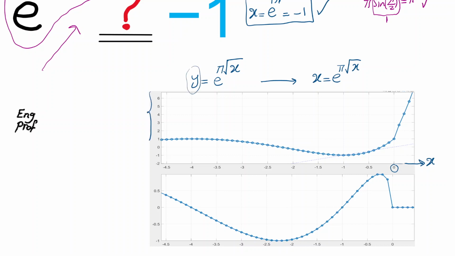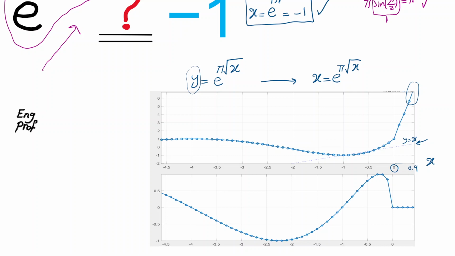As soon as x is on the order of, let's say, 0.4 or 0.5, y is already on the order of 6 or 7, and it goes very fast. So there is nothing we can do about it. The line you see here is the line y equals x, this dotted line. If you zoom in, you can see that it's crossing the curve at -1.